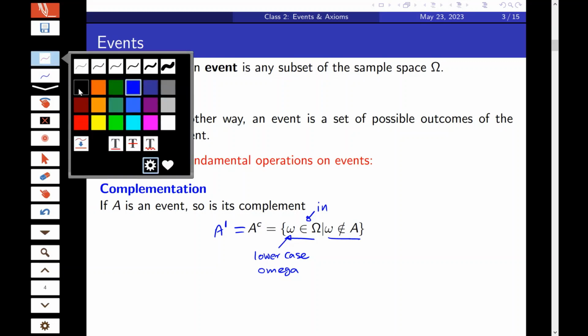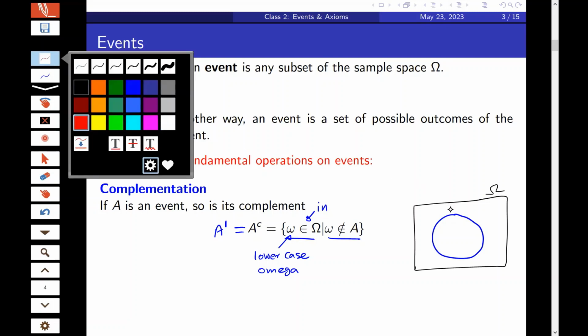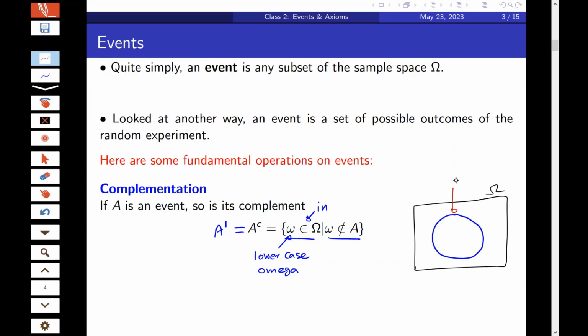I'm going to visualize the complement. In a Venn diagram, we can denote the sample space using a square or a rectangle, and we can use circles to denote events. So this is event A. I will write A outside of the square.